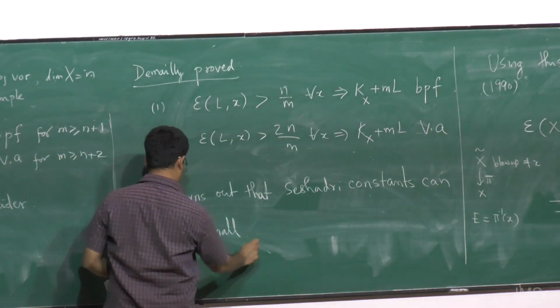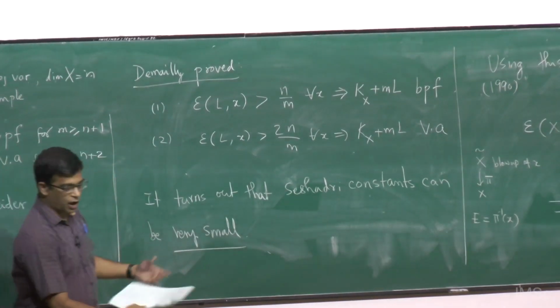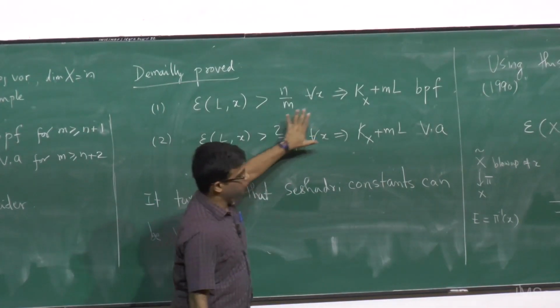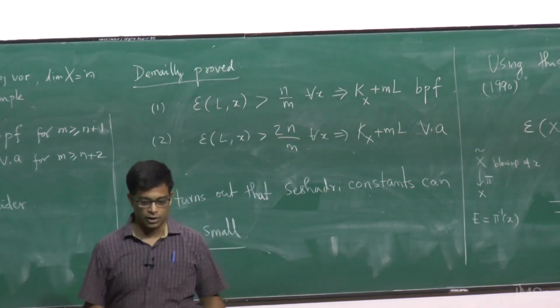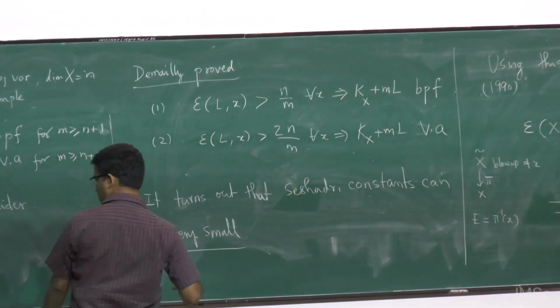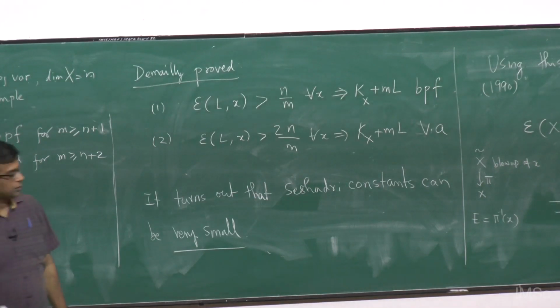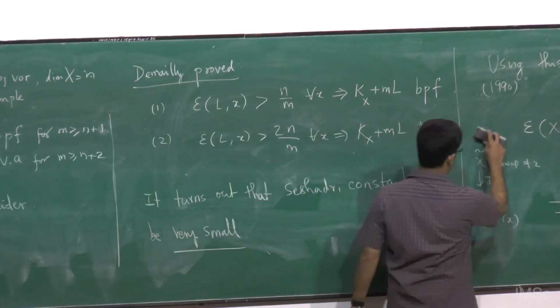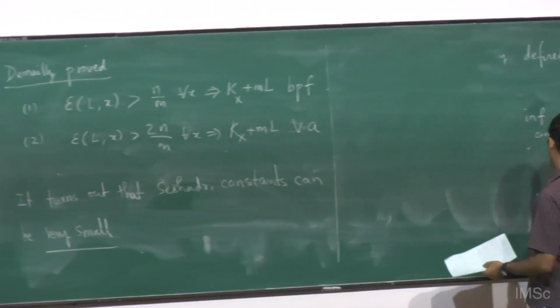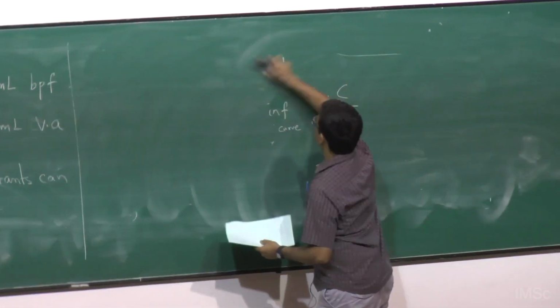In a minute I'll tell you what I mean by this, but very small, arbitrarily small in fact, that you can't prove such a thing for all x. So this approach is not going to work. So it turned out that his original idea was not useful, but still the notion of Seshadri constants was independently interesting and people started studying it. And now in the last 10-15 years, maybe more, 20 years, there's a lot of work on this. So this is a very active area of research today.